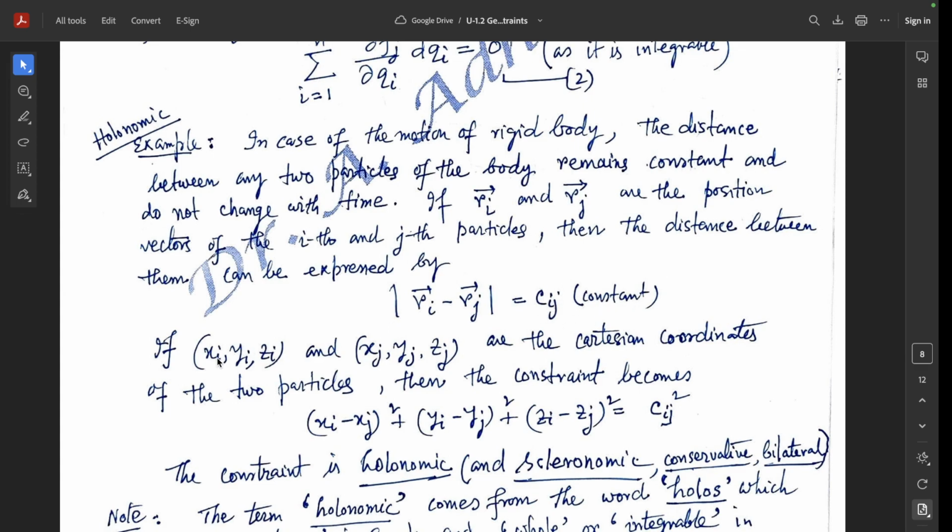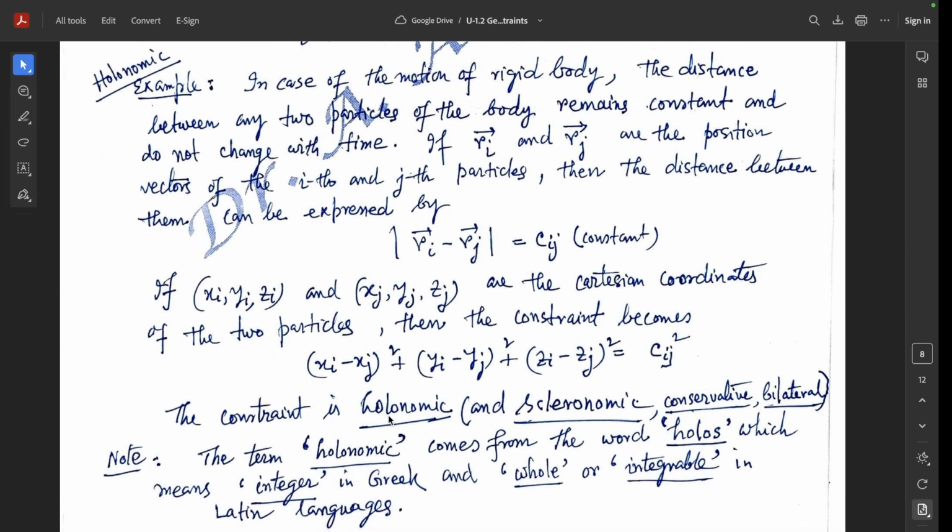Say if xi, yi, zi and xj, yj, zj are the Cartesian coordinates of the two particles with position vectors Ri and Rj, then the constraint becomes (xi minus xj) whole squared plus (yi minus yj) whole squared plus (zi minus zj) whole squared equal to Cij squared.